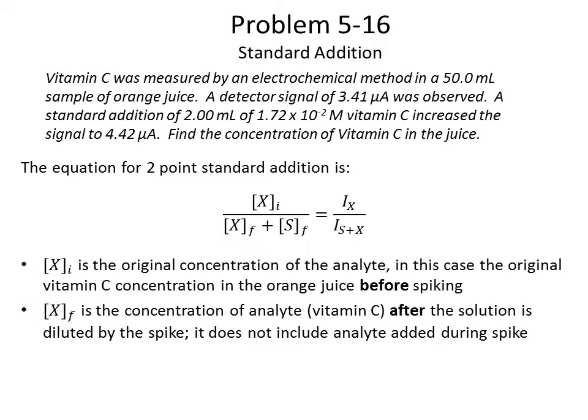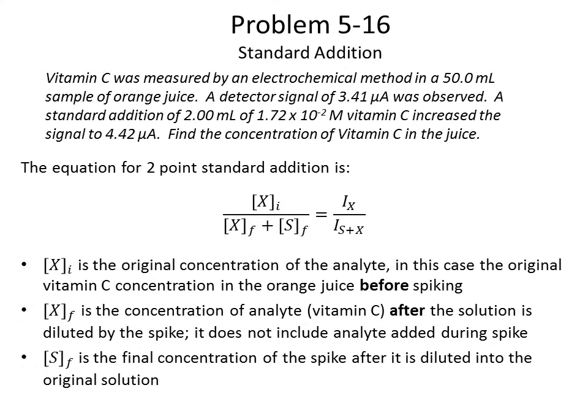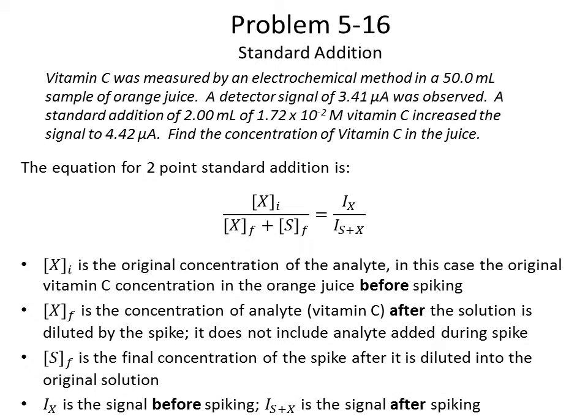It does not include analyte added during spike. Sf is the final concentration of the spike after it is diluted into the original solution. Ix is the signal before spiking, and Is plus X is the signal after spiking.